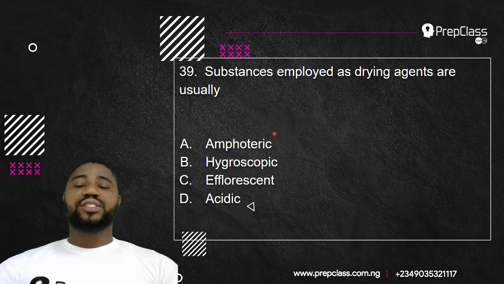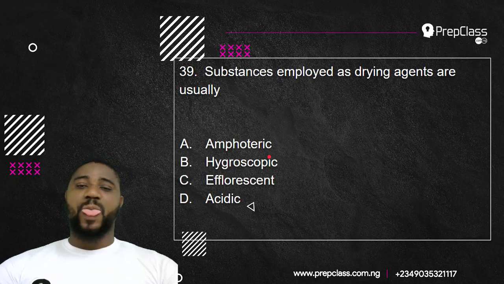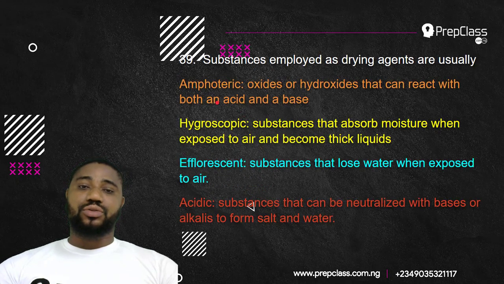Okay. Question number 39. Substances employed as drying agents are usually amphoteric, hygroscopic, efflorescent, or acidic? Let us see. Looking at their definitions, amphoteric simply means oxides or hydroxides that can react with both an acid and a base.